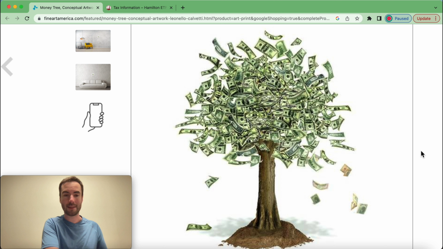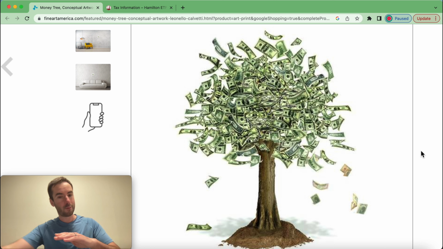This is something that with taxes can actually happen. You can actually carry forward your tax losses. Just like you pay capital gains, you can actually use tax losses to reduce your taxes.